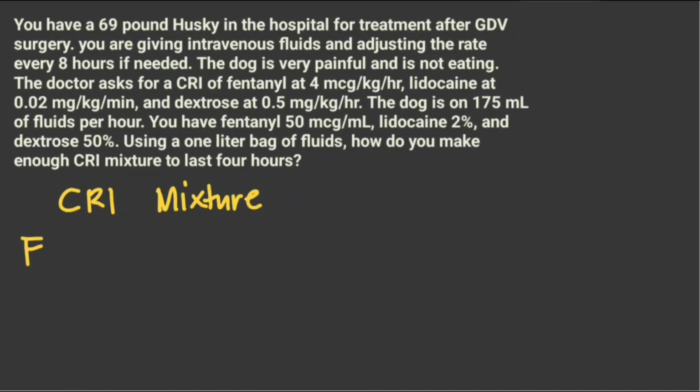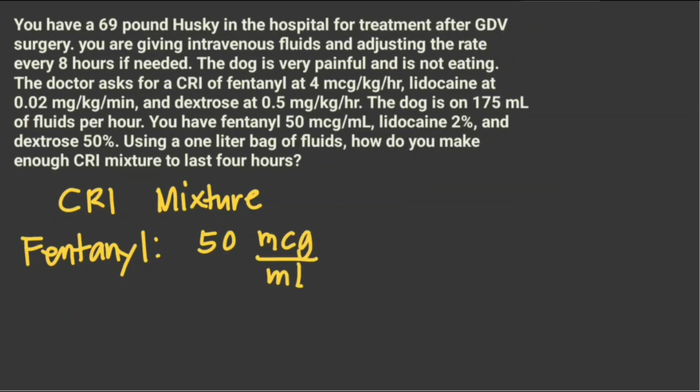So for fentanyl, we have 50 micrograms per ml on hand, and we are asked to make a CRI mixture which has an amount of fentanyl of 4 micrograms per kilogram per hour. So we divide this by 4 micrograms per kilogram per hour.